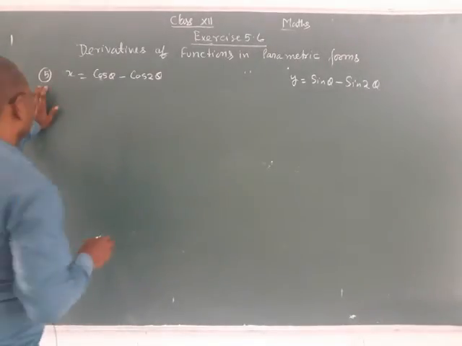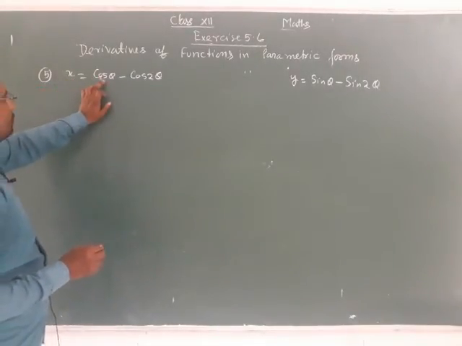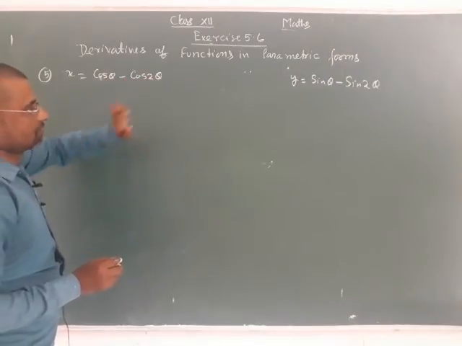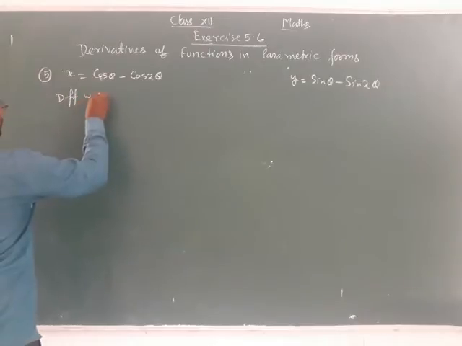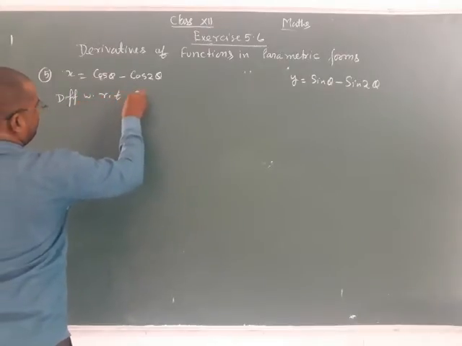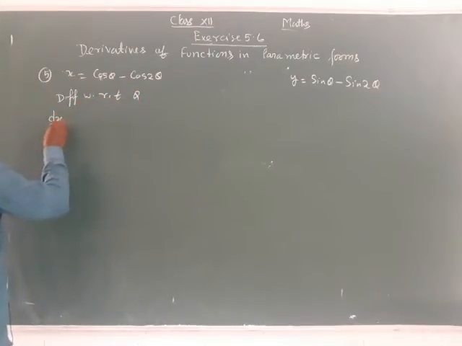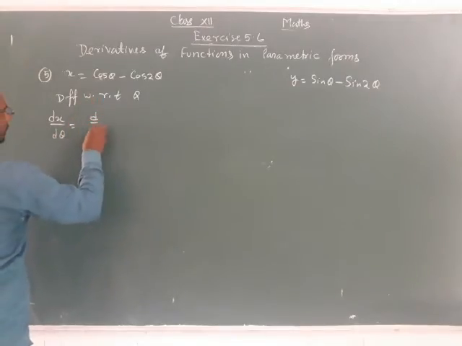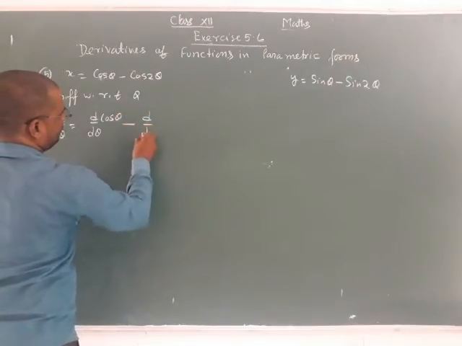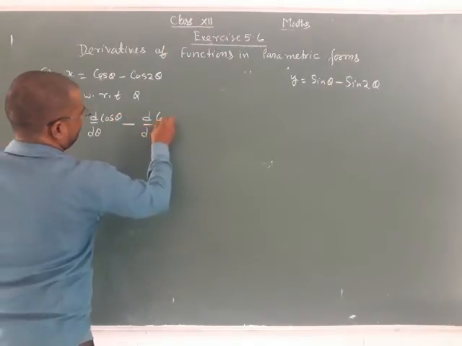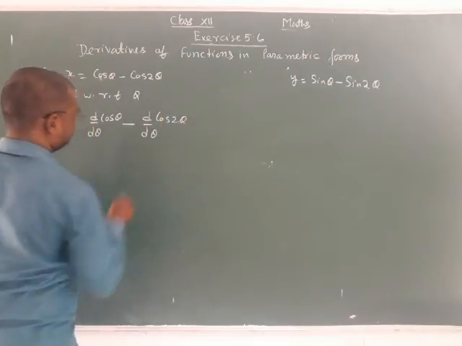And question number 5, x is equal to cos theta minus cos 2 theta. Now differentiate with respect to theta. Dx upon d theta is equal to d upon d theta of cos theta minus d upon d theta of cos 2 theta.